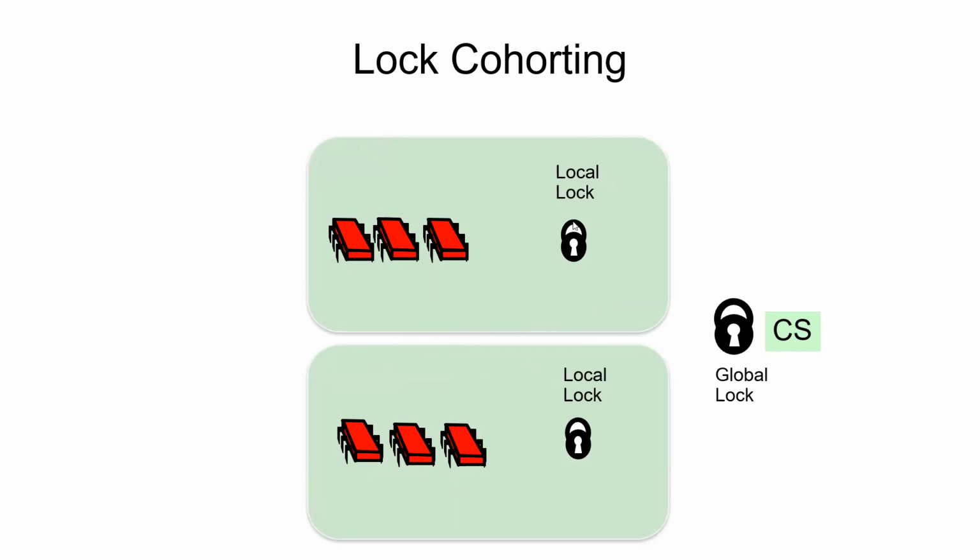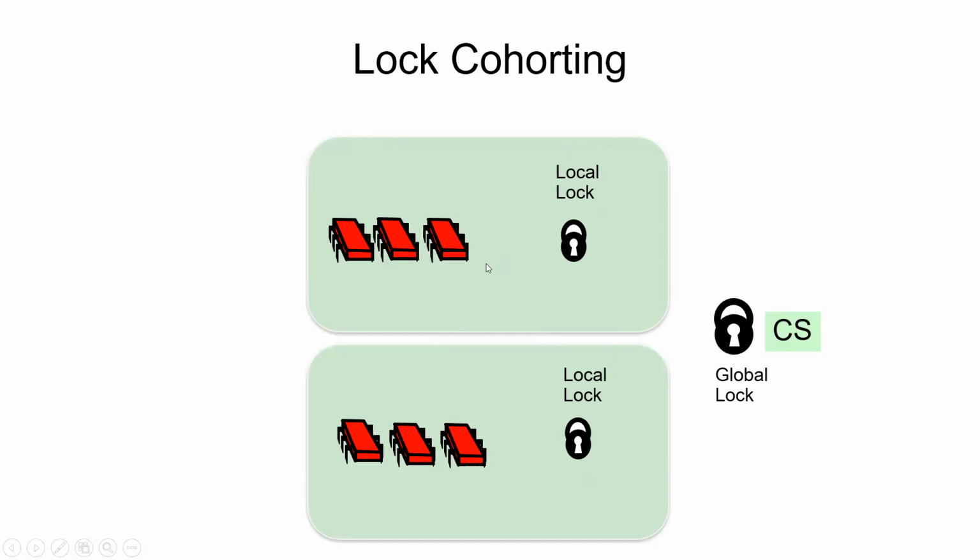For the local lock, we can use the test lock, and for the global lock also, we can use the test lock. Or for the local lock, we can use the test lock, and for the global lock, we can use the MCS lock. Or in the local lock, we can use the CLH lock, and in the global lock, we can use some other lock also. Lock cohorting is a combination of 2 locks.